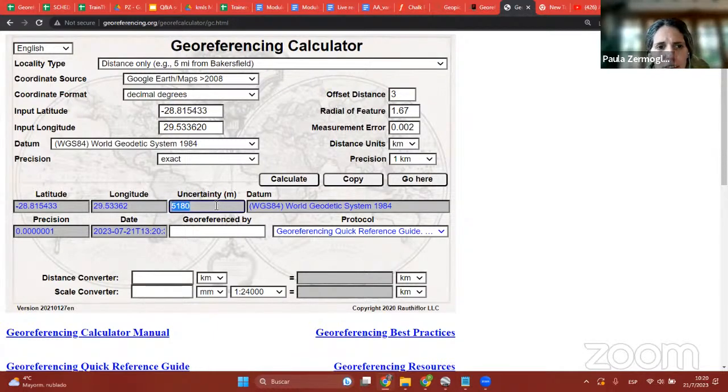So which are the factors that you think are contributing most to this uncertainty?